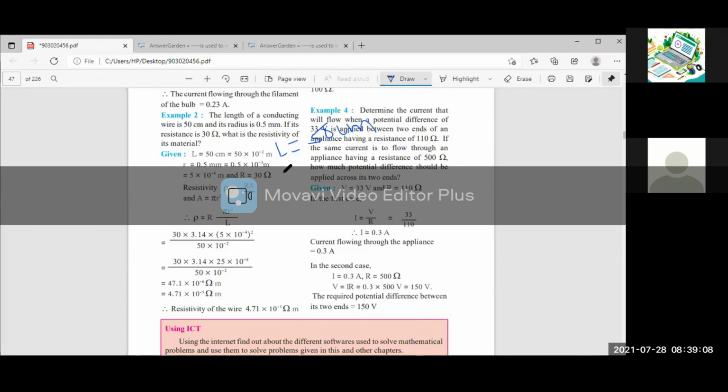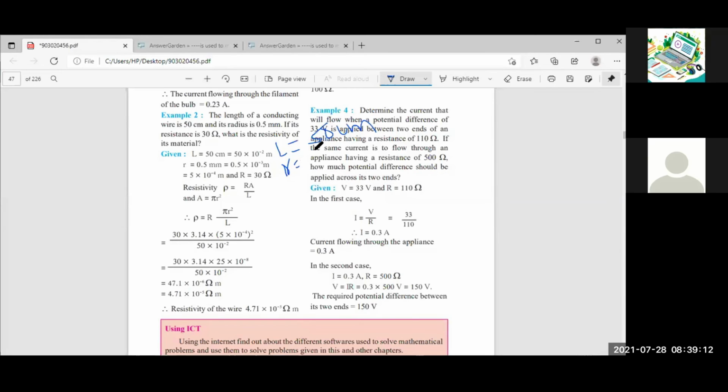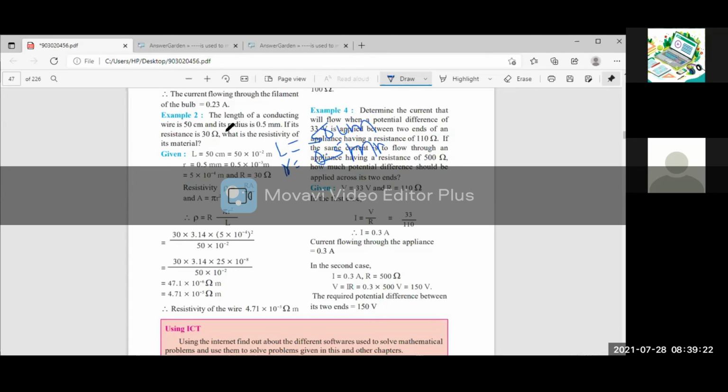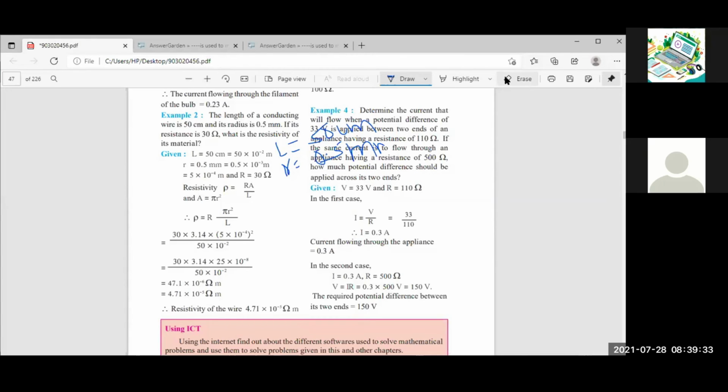Then its radius R is given, 0.5 millimeter. And its resistance is 30 ohm. What is the resistivity of its material? We have to find the resistivity of this material.